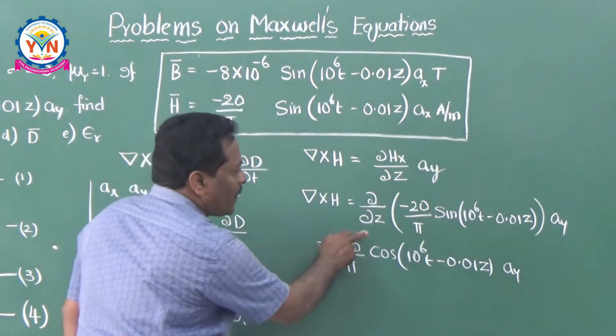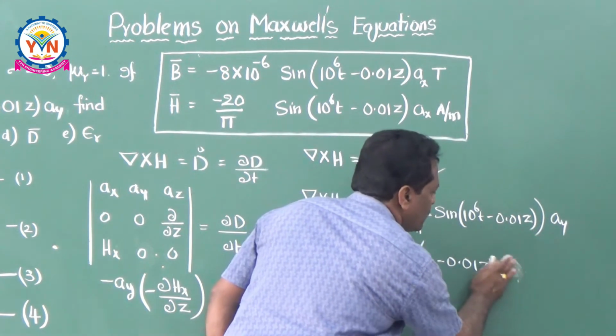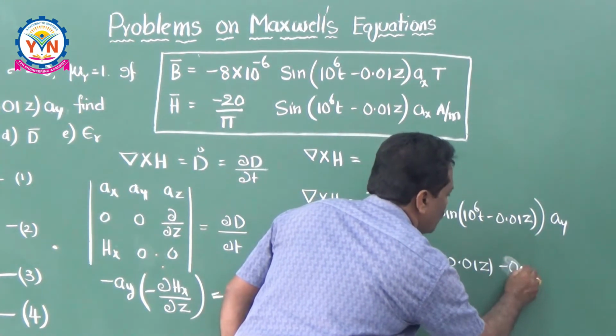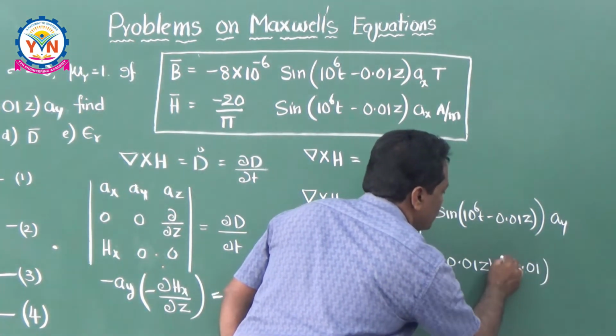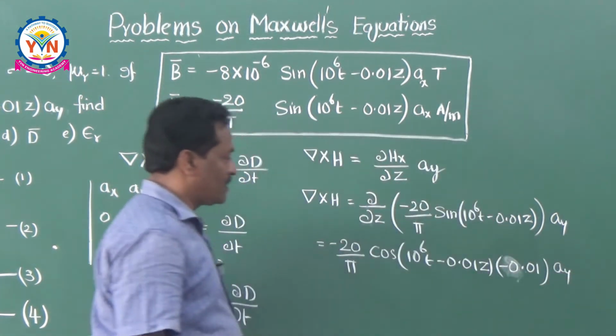But what is the derivative of this 0.01 into z? That is minus of 0.01 into AY. This is the answer.